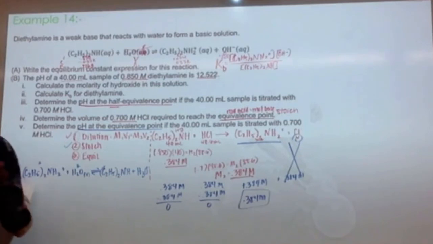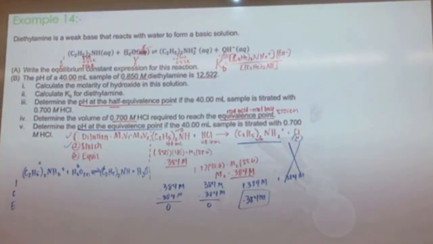So now it becomes an ice table. When you add volume to volume, when you are finding the pH at the equivalence point of any weak-strong titration, you go through these steps. Take into account the new molarity, so the dilution, then the stoichiometry, how much product you are making, then equilibrium, because you're going to have something weak in the container, and that is what affects the pH.